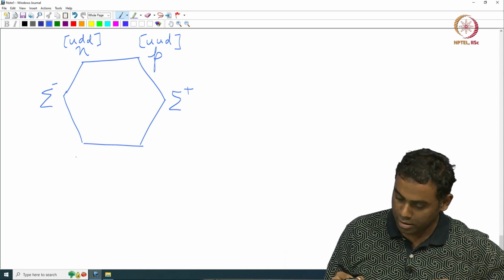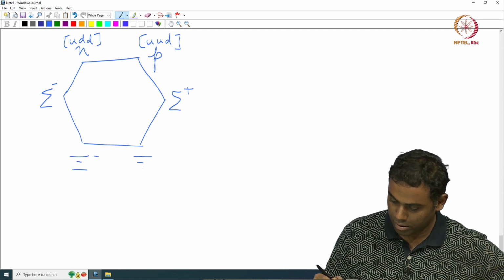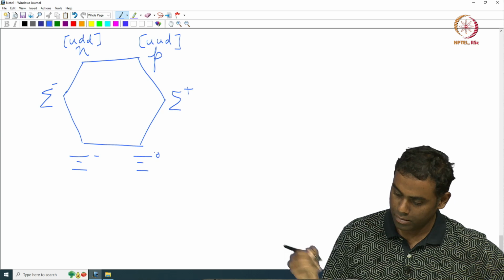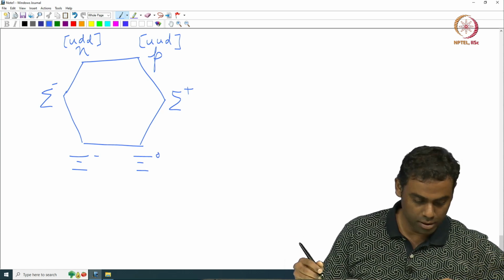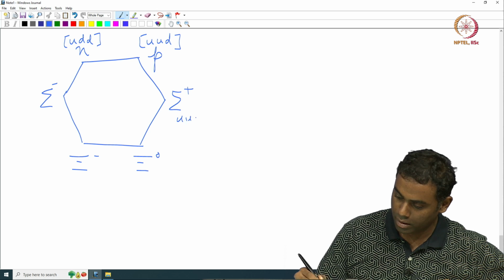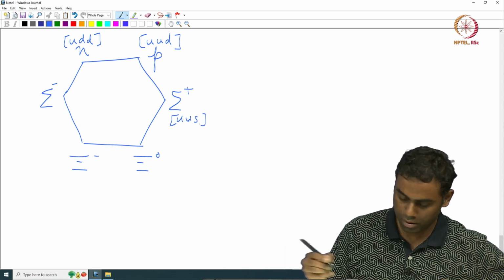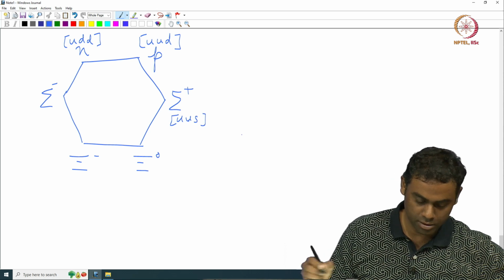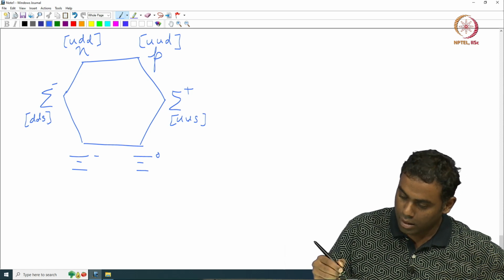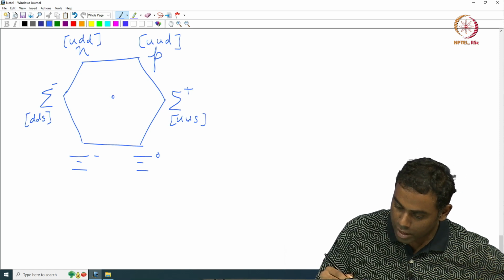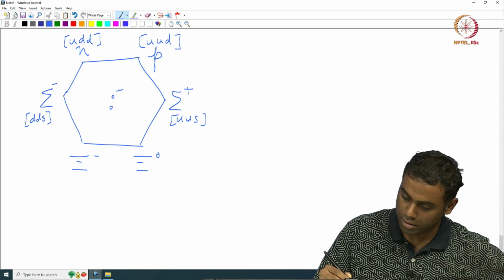And he populated it with these hadrons, that is UUS, that is DDS, and in the center you have two different kinds of hadrons.